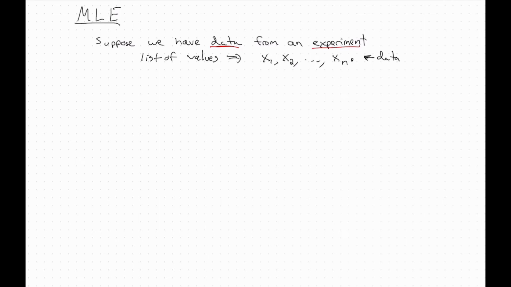And suppose also, as part of this fitting procedure, we have a candidate function, which I'll call f, that represents the probability density, or specifically the probability of these data. What do we mean by this exactly?